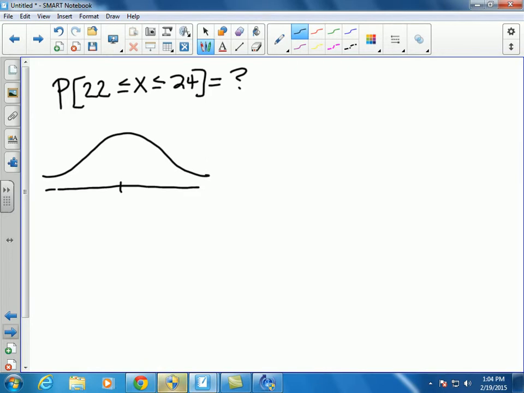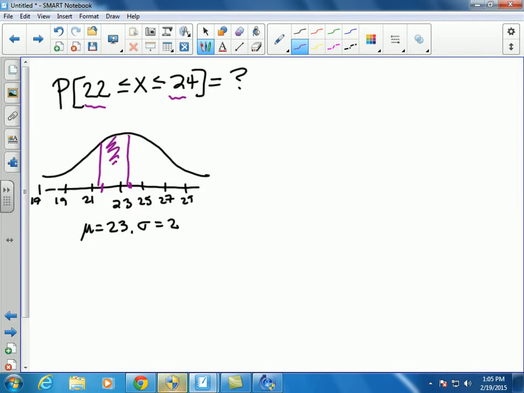The mean is 23, where mu equals 23 and sigma equals 2. So I go here and say 25, 21, 19, 17. It's the exact same distribution. And I see that I'm between 22 and 24, so from right here to right here. And I want to know what that is.